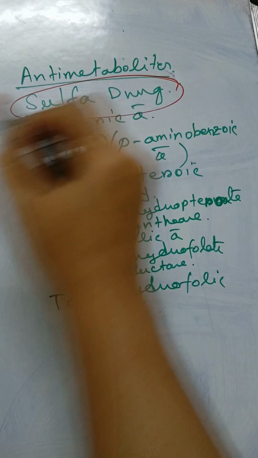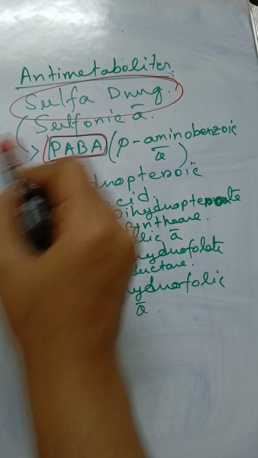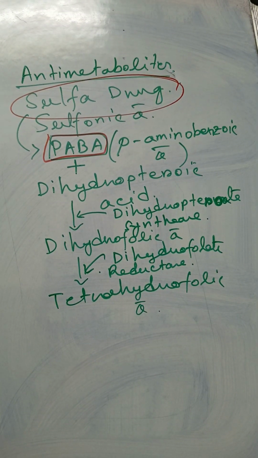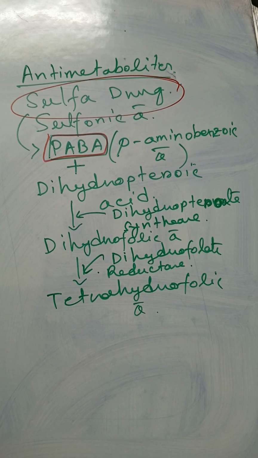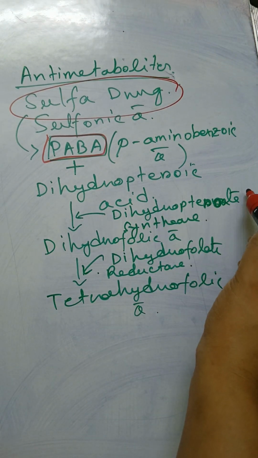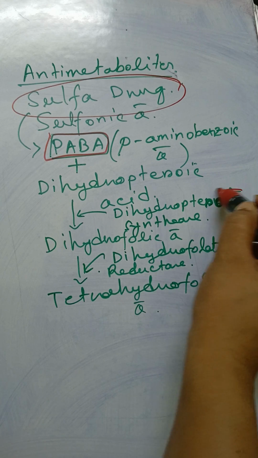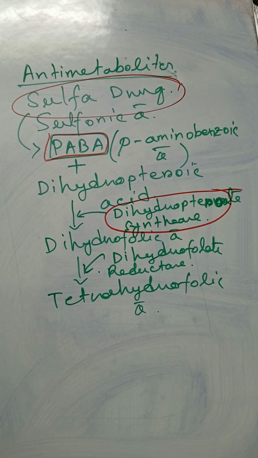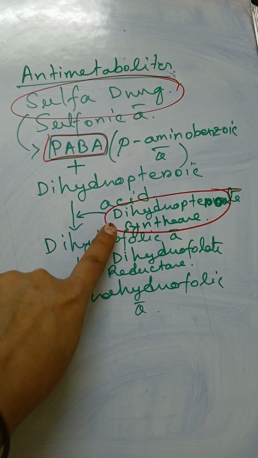This sulfa drug is structurally similar to PABA, as I have already told you. So here competitive inhibition occurs between PABA and the sulfa drug, because the sulfa drug will compete with PABA to bind and block this enzyme, the dihydropteroate synthase enzyme.